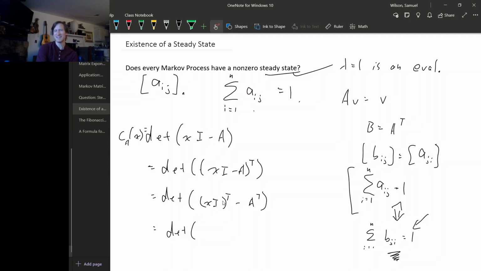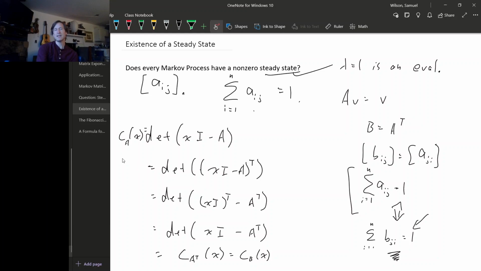And when you take the transpose of a diagonal matrix, you get exactly the same matrix back. Okay, so we get this. But look, this is the characteristic polynomial for the transpose. In other words, the characteristic polynomial of B.